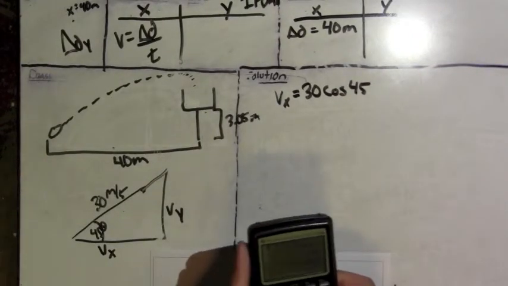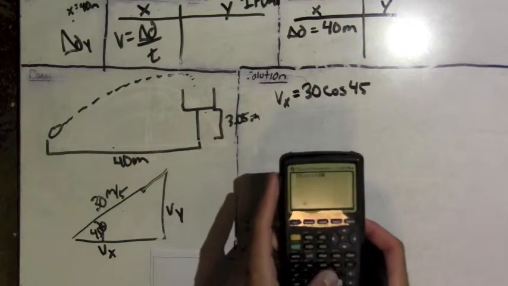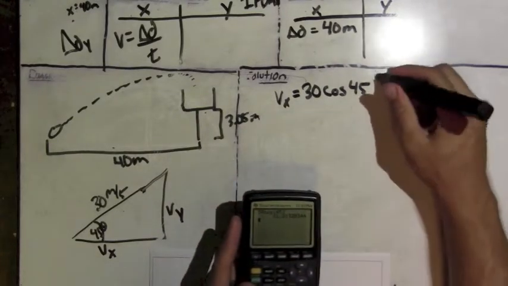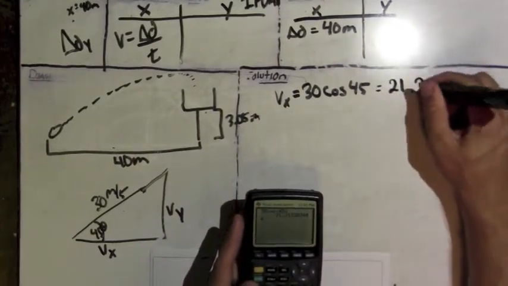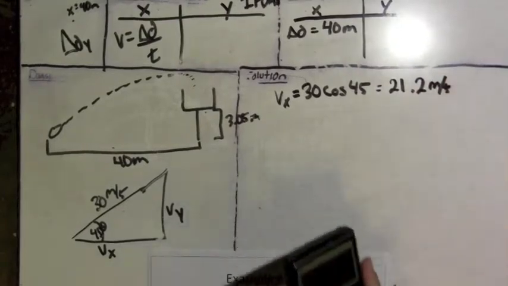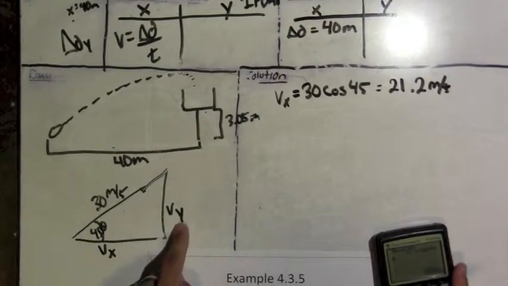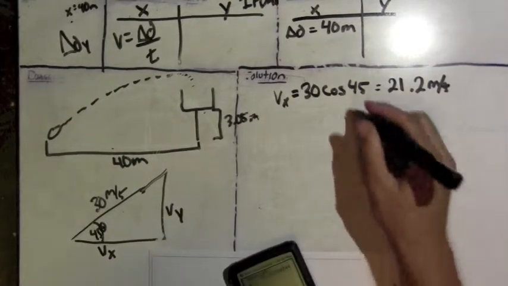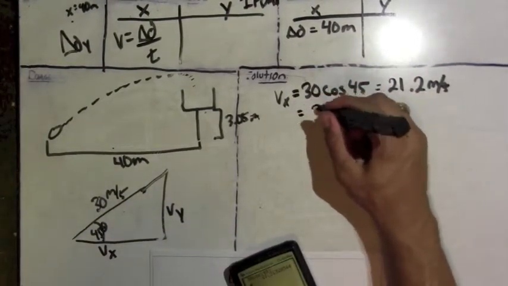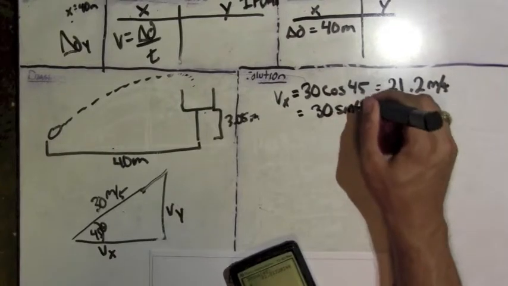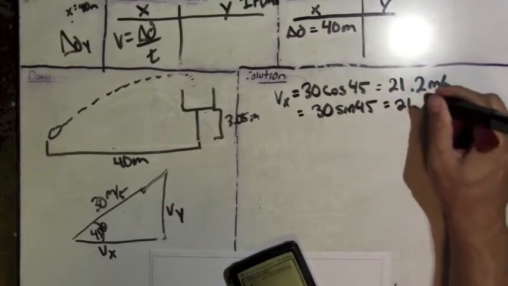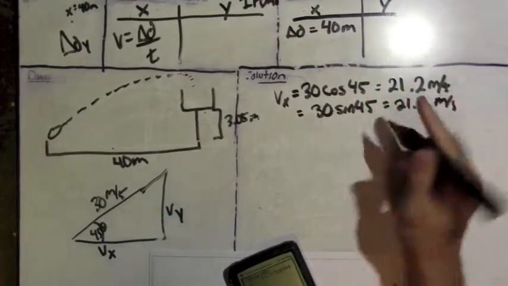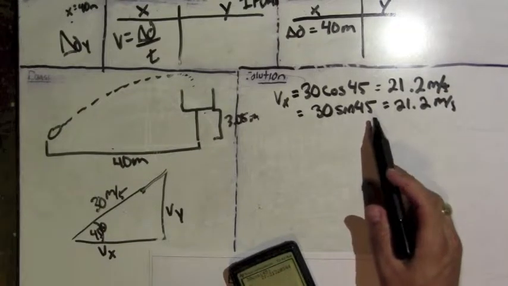When we do that, we get 21.2. Now, if you notice for this particular example, I also have 30 sine 45, and that would be my velocity in the y direction. Since it's 45 degrees, 30 sine 45 gives you the same number of 21.2. That's not always the case. It's the case only because you have a 45 degree angle.